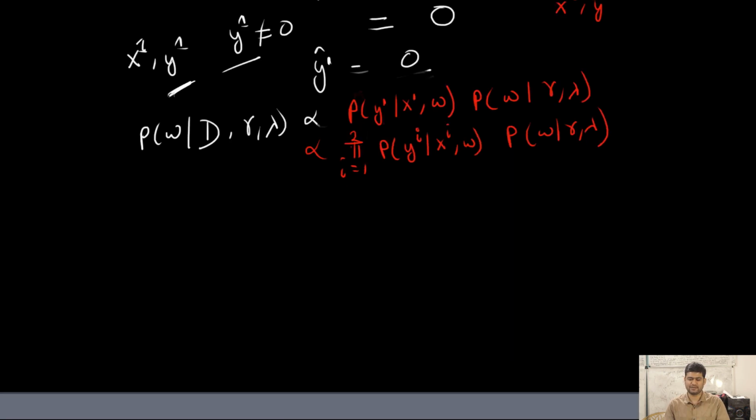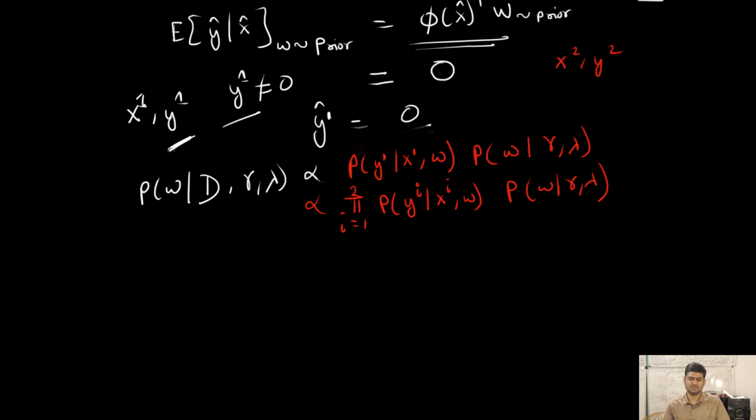If we have observed m data points, the posterior distribution takes into account the likelihood, or the probability of the observation of the target values given the input values and the value of the parameter, times the prior information.